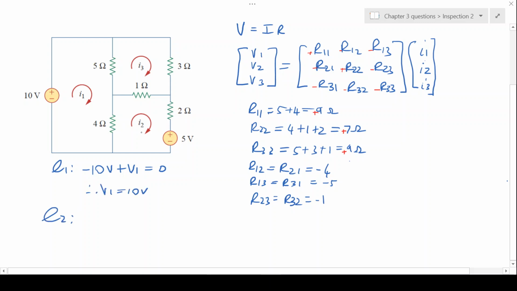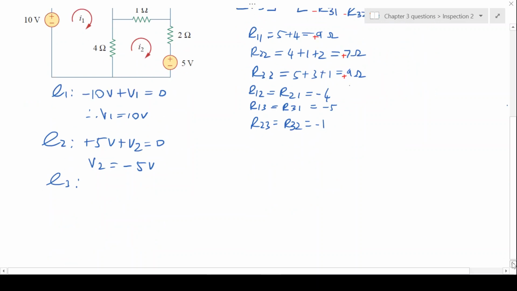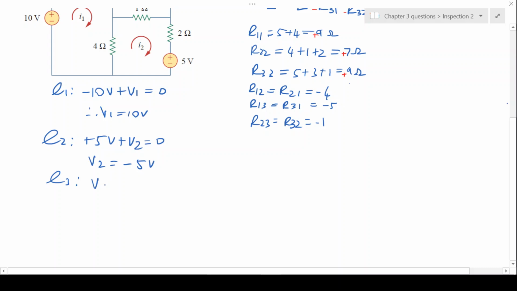In loop 2, positive 5 volts plus V2 gives you 0, which then tells us V2 is equal to negative 5 volts. And then in loop 3, we can see that there are no voltages in that loop. That tells us that V3 must give us 0.